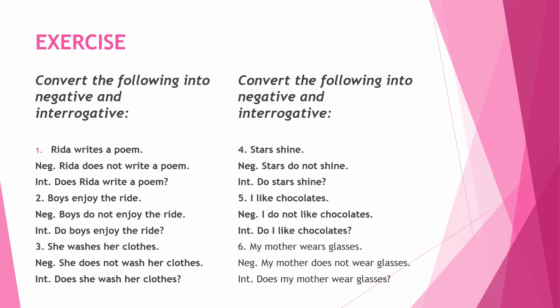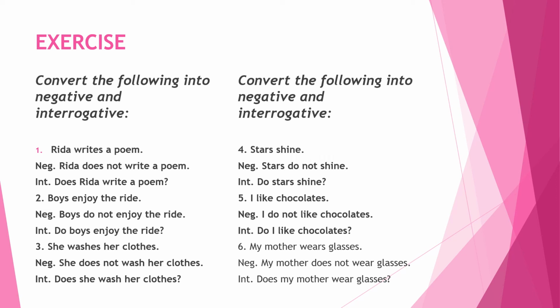See, the first sentence states, Rida writes a poem. This is present indefinite tense. So its negative would become, Rida does not write a poem. As Rida is a singular subject, remember the rule that we add does not in the negative sentence. An interrogative sentence would be, does Rida write a poem?